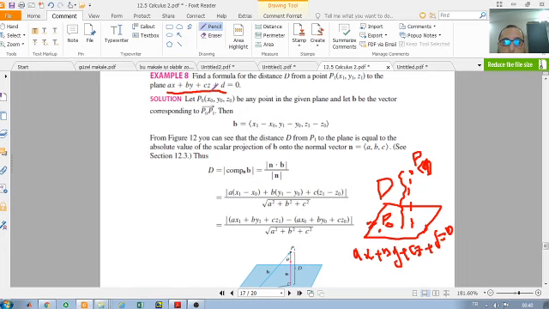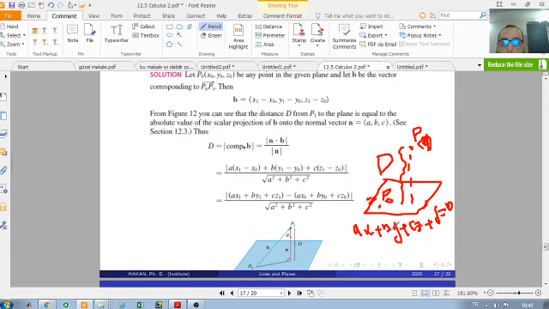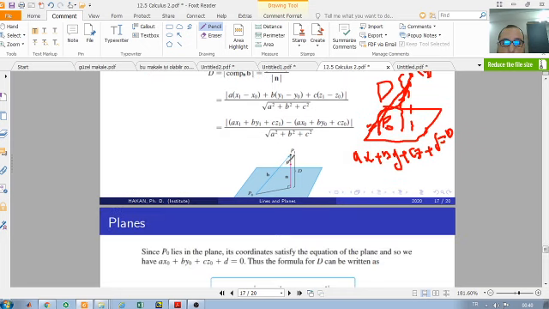Let b be the vector corresponding to P0 and P1. By combining P0 and P1, we obtain a vector written here, which is the blue vector.